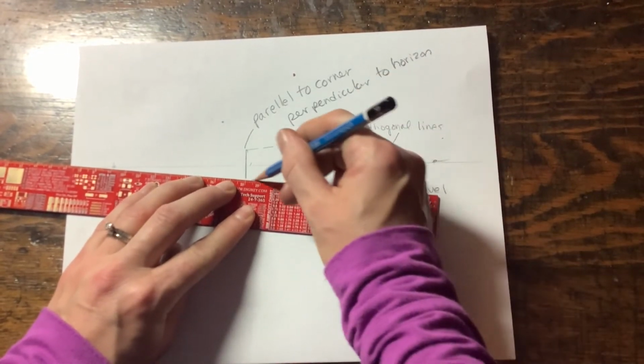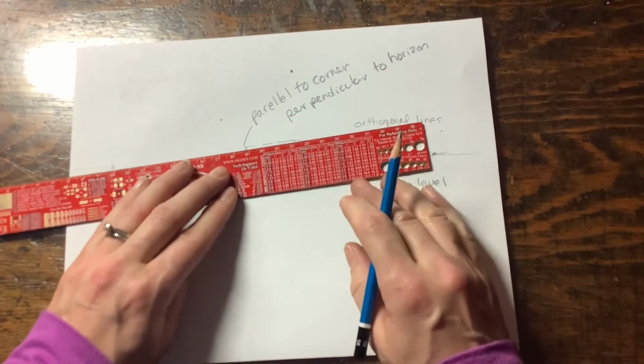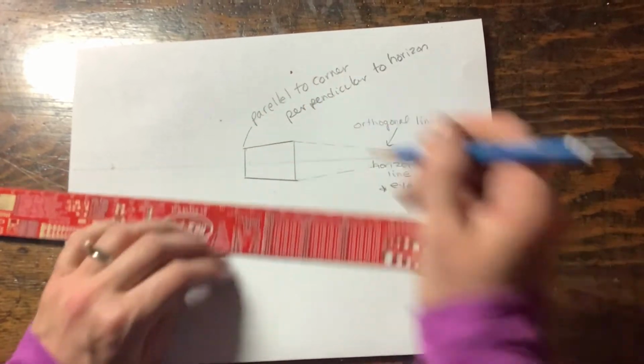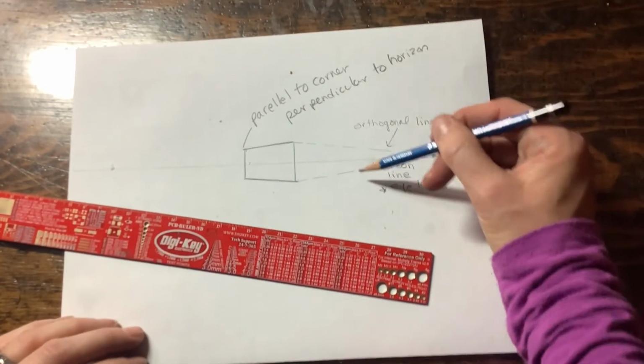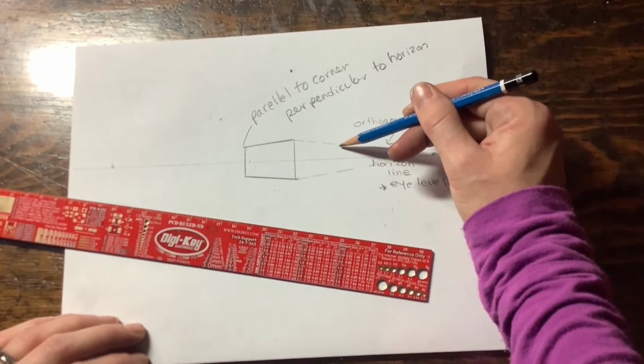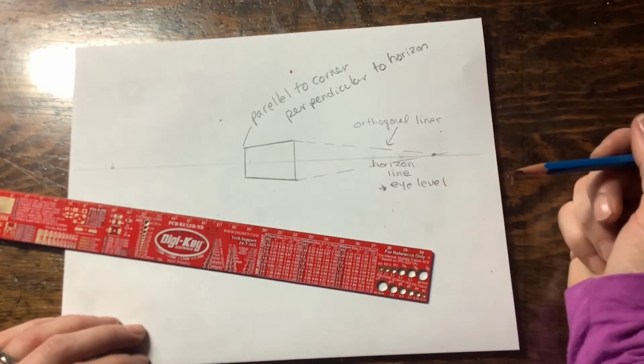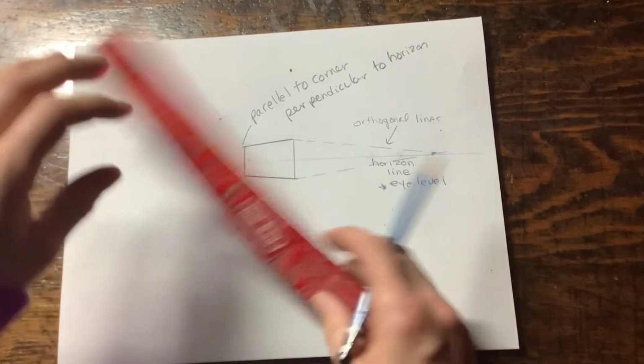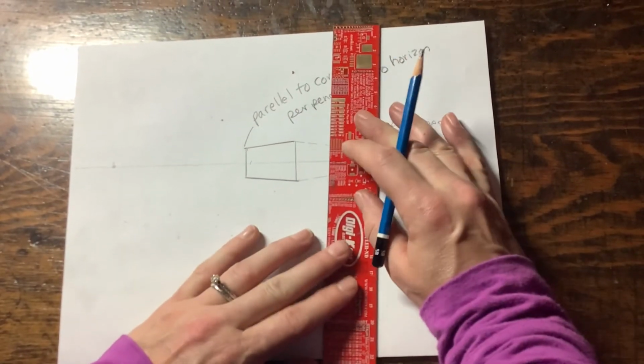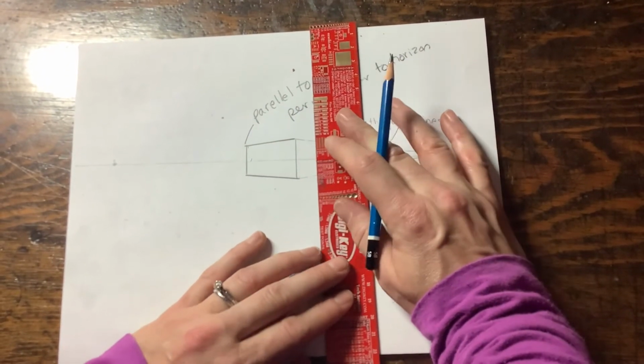And now that I know where my box is going to be, I'm going to just go ahead and darken it. Now, how big of a box? Is it a cube? Am I making a shoebox? What am I making? So that's where you would decide what it is you're making and how big you want it to be.